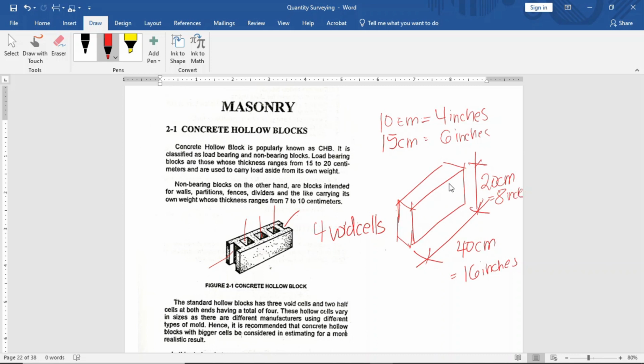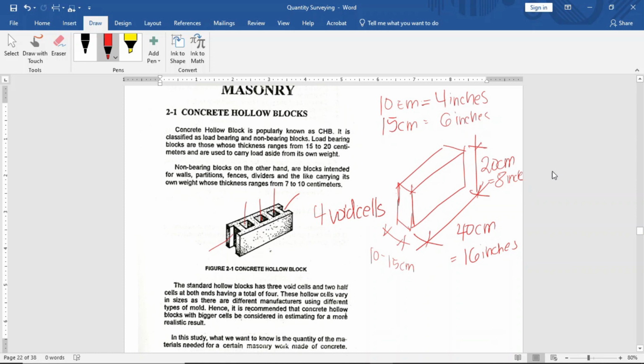Tapos ang width naman or ang thickness ng hollow blocks natin ranges from 10 to 15 centimeters. So, yan yung typical na dimension ng hollow blocks natin. Length is 40 centimeters, height or depth is 20 centimeters, and 10 to 15 centimeters naman ang thickness.